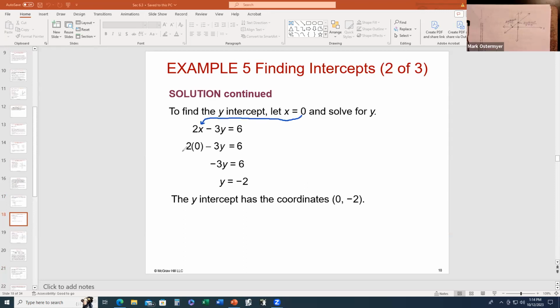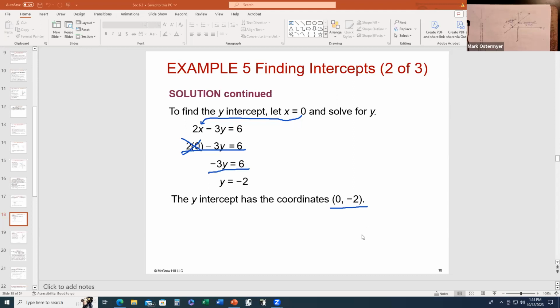And upon doing that, your equation collapses down to this. 2 times 0 is as good as saying that this term is gone. That's 0. And we're left with this simple linear equation of which we can hopefully now solve for y. To do so, we divide both sides by -3, and 6 divided by -3 will give us our y-intercept, which is -2. Hence, as an ordered pair, your y-intercept is 0, -2. That's your y-intercept.